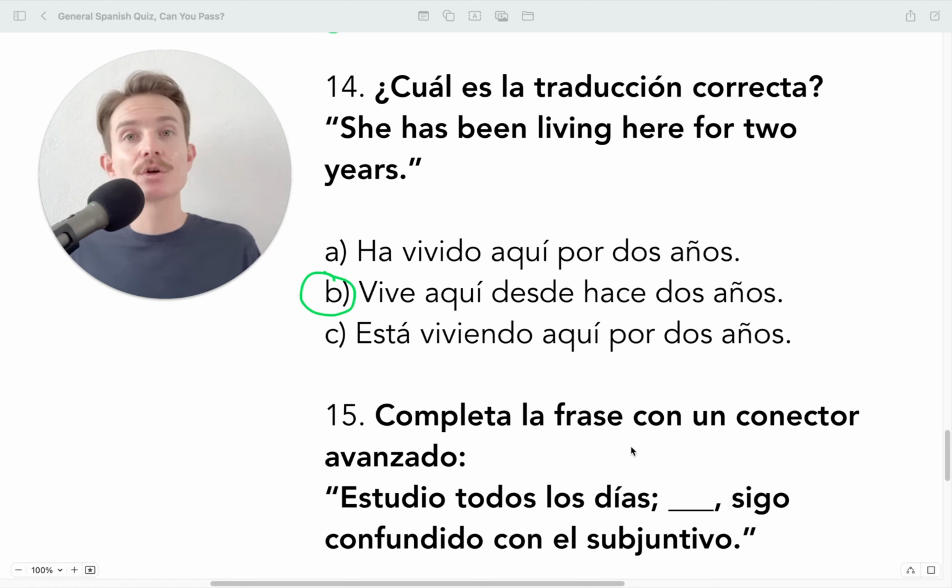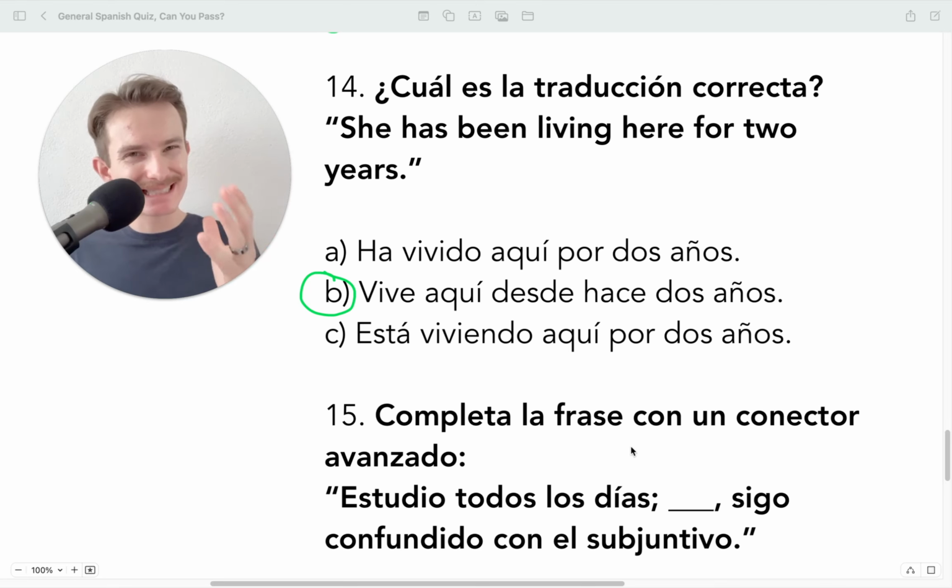Now, you might have thought that the correct answer was A. Now, technically, A is not incorrect. However, it's not the exact translation that we were looking for here. Ha vivido aquí por 2 años means she has lived here for 2 years. It's slightly different than she has been living here.